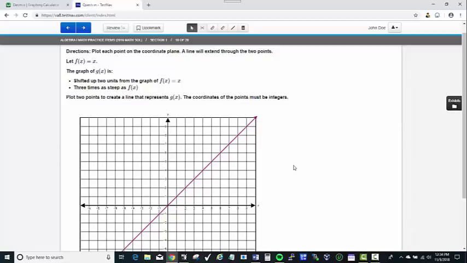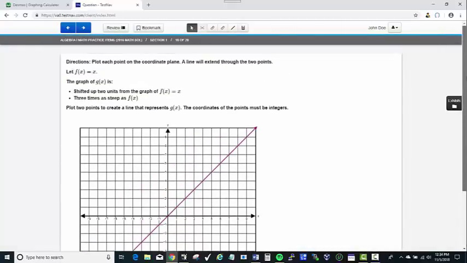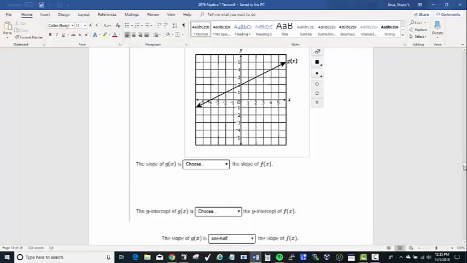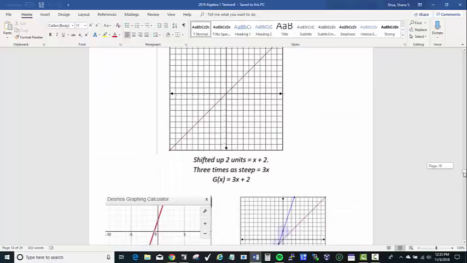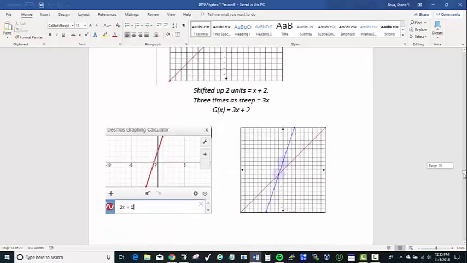And if it's 3 times as steep, well, the slope is 1, so the slope is going to be 3. So shifted up 2 units is x plus 2, and 3 times as steep is 3x, so 3x plus 2.